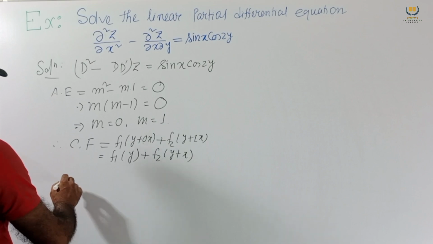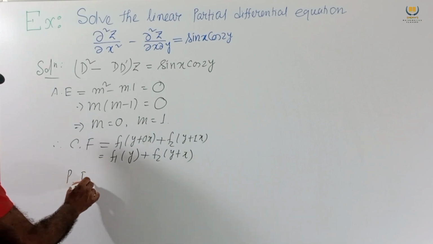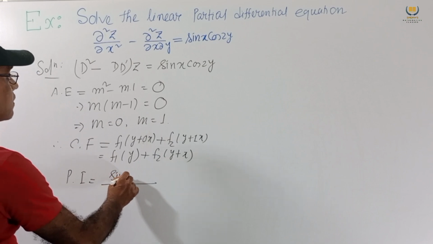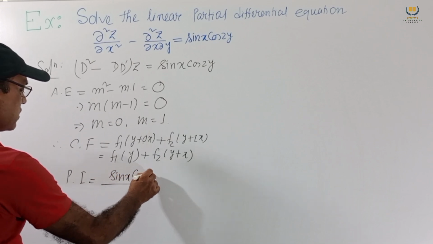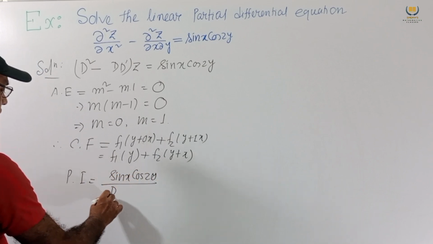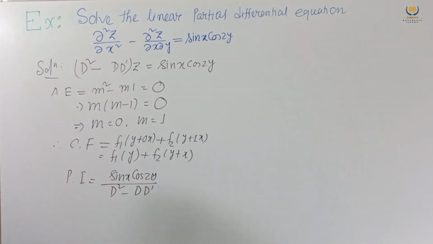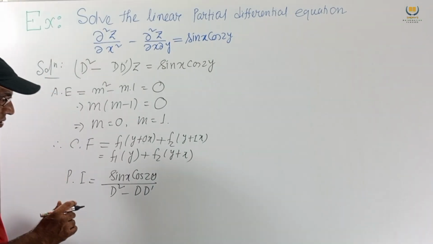Now the particular integral: sin x cos 2y divided by (D² - DD').